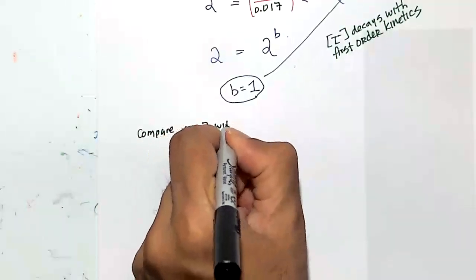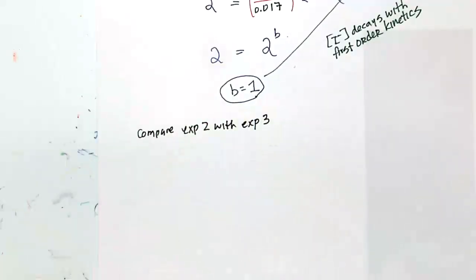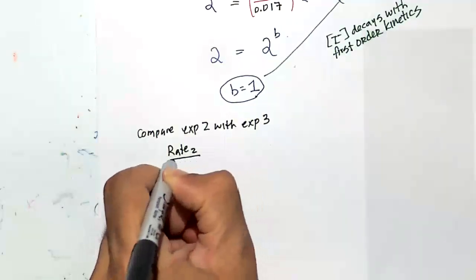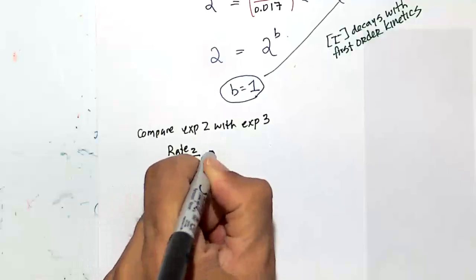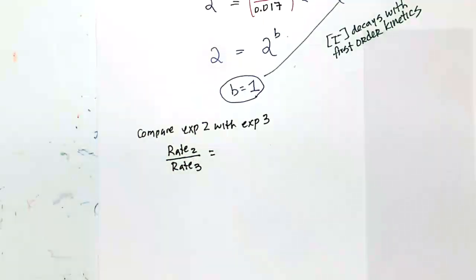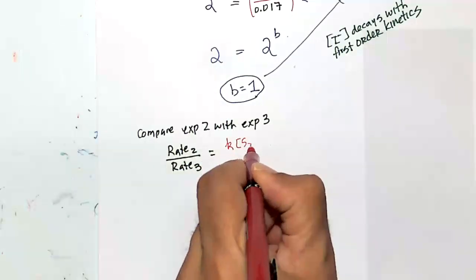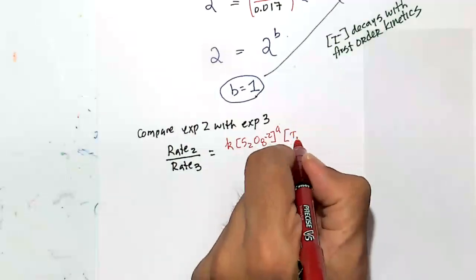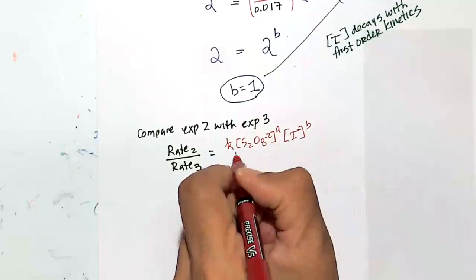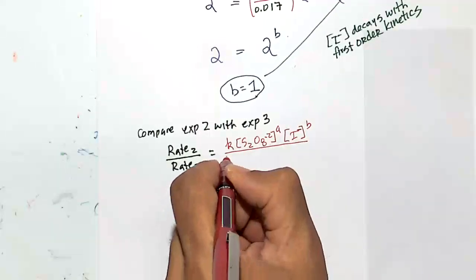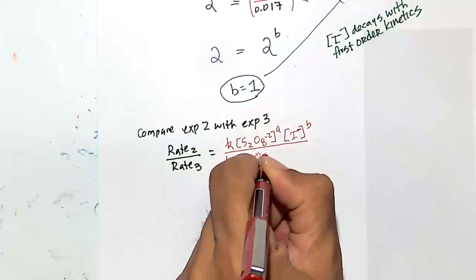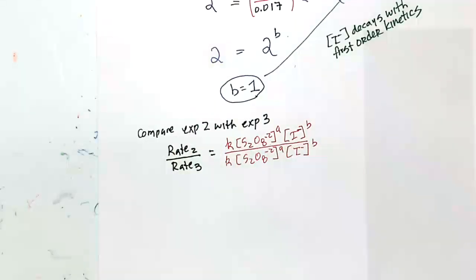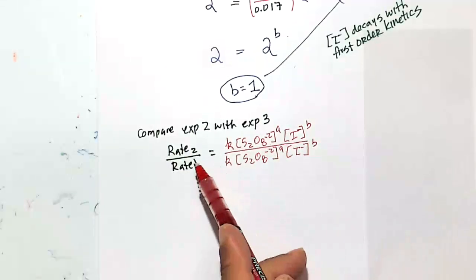So rate 2 over rate 3 is going to equal K times S2O8 2- raised to the A power times I minus raised to the B power, divided by K times S2O8 2- raised to the A power times I minus raised to the power of B. We know B is equal to 1.